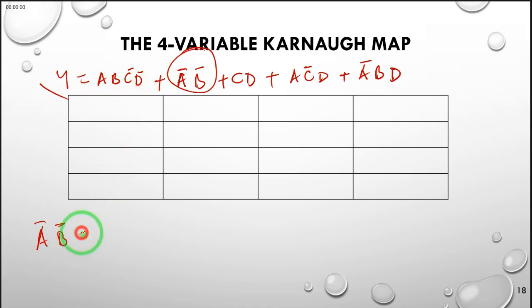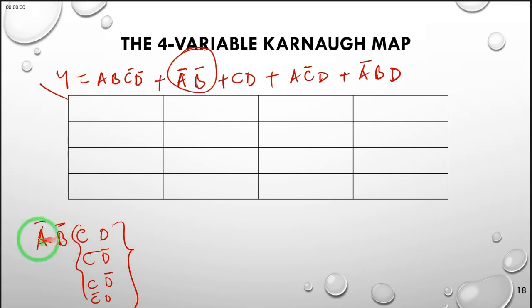So you know we are missing C, D, and therefore the CD can take the four possible values, meaning you can have CD, you can have C bar D bar, you can have C D bar, you can have C bar D. These are the four terms that may be added to represent this one.